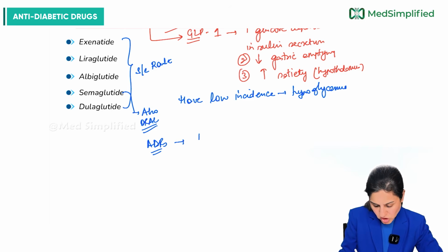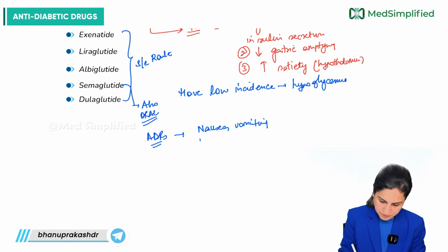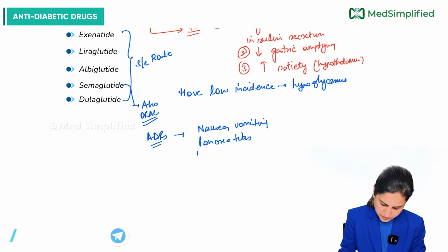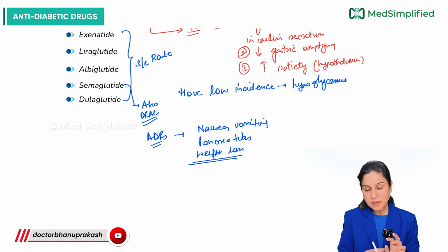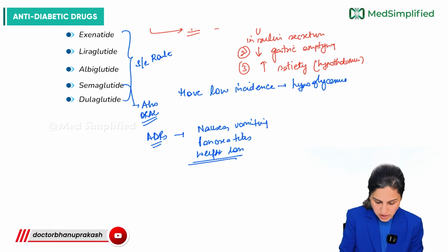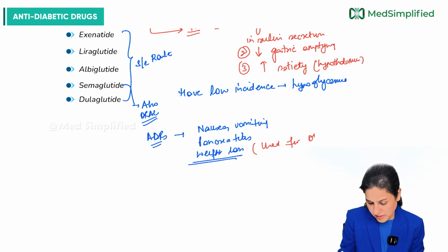So what are the ADRs associated? GIT ADRs like nausea, vomiting, pancreatitis, and weight loss, and this weight loss has been put into use now. Because of this weight loss feature, these drugs are also now approved for use for obesity.